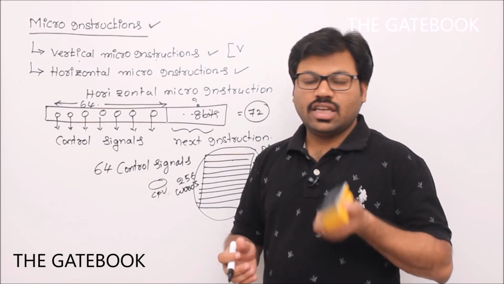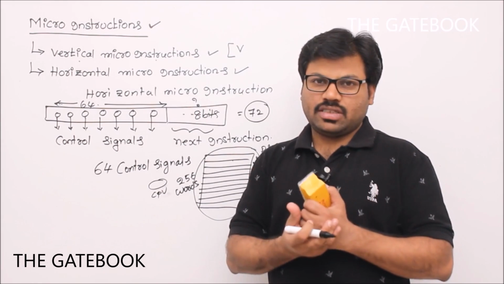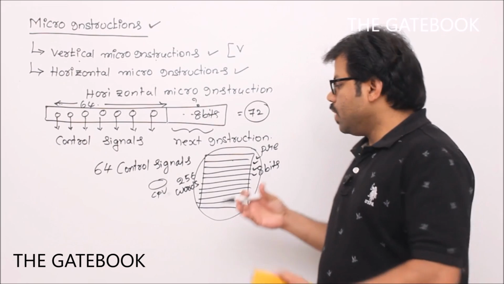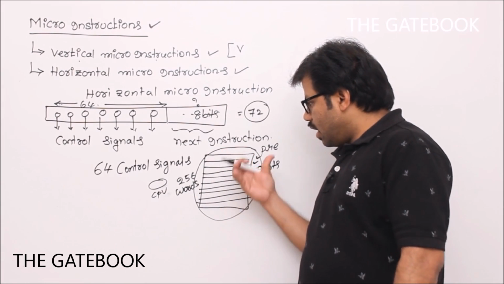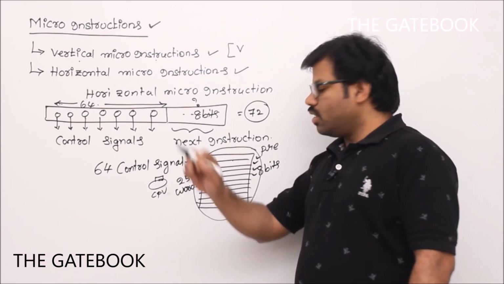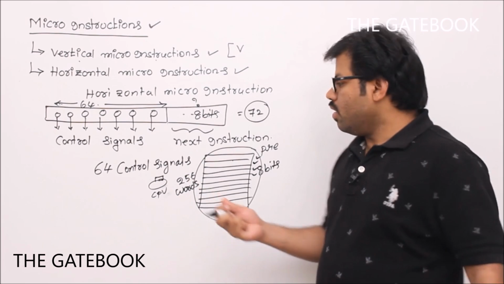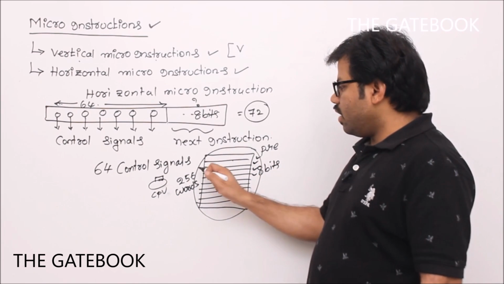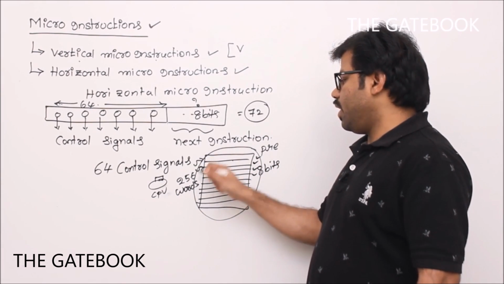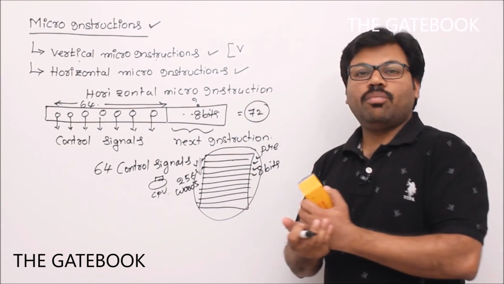Otherwise you wouldn't need to bother about saving space. Since you are designing this memory which is related to the CPU board, the size should be as small as possible, so that if the size is less, even the access will be faster. That's why my target is reducing this control memory size.